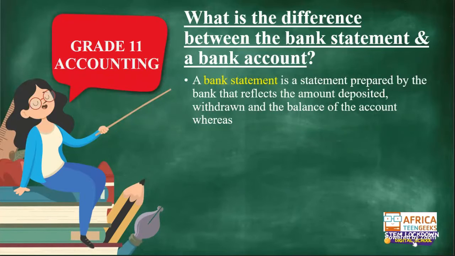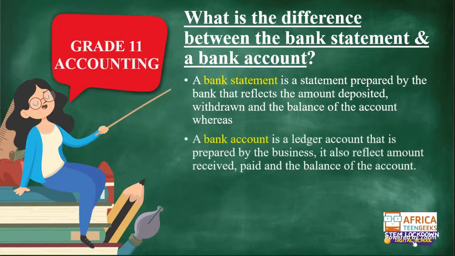If there are any errors, mistakes, or omissions on the bank statement, we need to prepare a bank reconciliation. If the bank makes a mistake, for example I didn't withdraw this amount of money, then the bank will check and correct that. So the bank statement is prepared by the bank, such as FNB, Capitec, etc., and the business cannot make any changes on it.